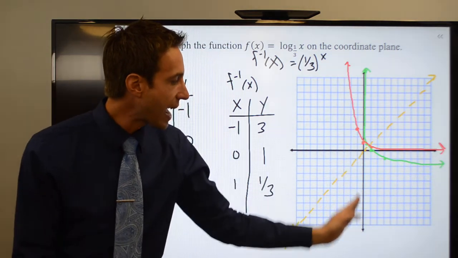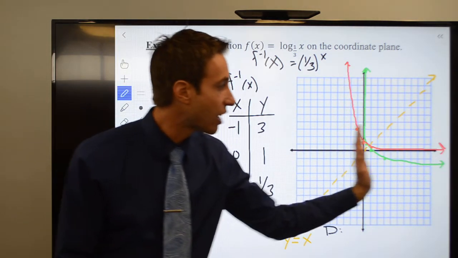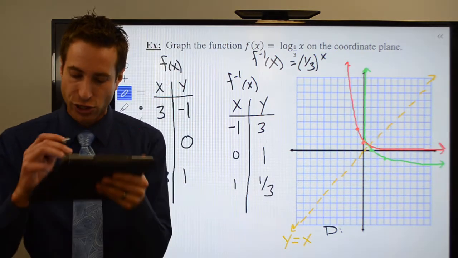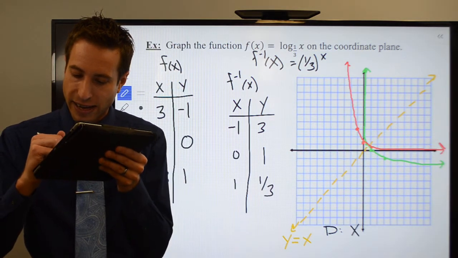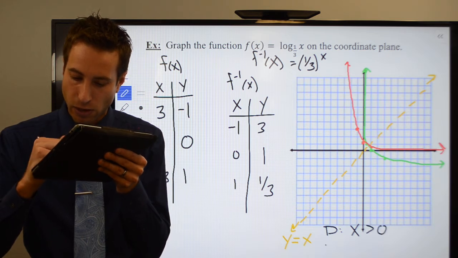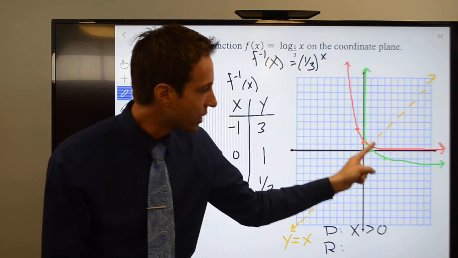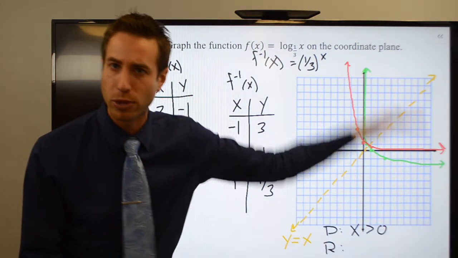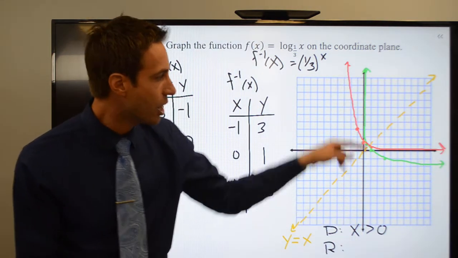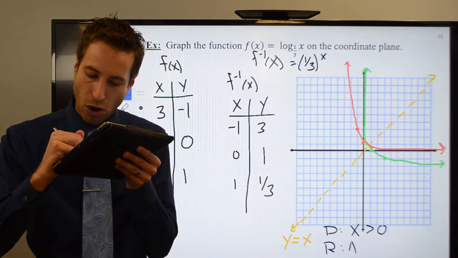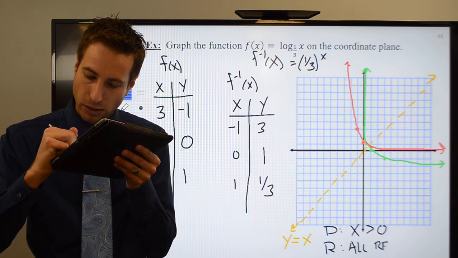The y-axis is my vertical asymptote, and I only have things going in the positive direction. So my domain is going to be all values of x that are strictly greater than 0. The range, please notice that it starts at positive infinity and just comes down and keeps going, but we're talking about the range value, the y value. So that guy will just keep going to infinity, which means the range is all real numbers.